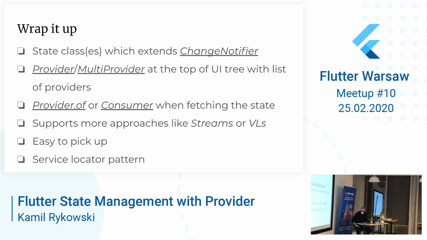How was it solved before Provider was introduced? I used a library before Provider. It's called scoped model. It basically used a really similar approach. It didn't have things like MultiProvider, for example.